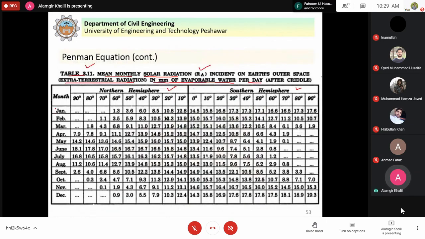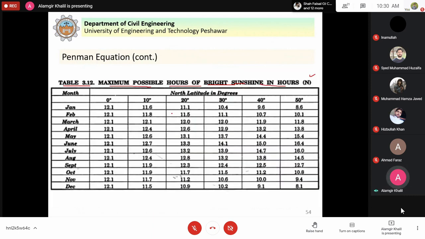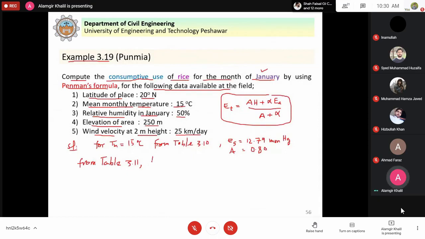Now we have the month of January, and the location of that area is 20 degrees, as given in the question. So this is 10.8. This value we pick. This is RA, the mean monthly solar radiation, clear, in millimeter of evaporable water per day, 10.8. So this value we pick from the table, that is RA, equal to 10.8 millimeter of water per day.